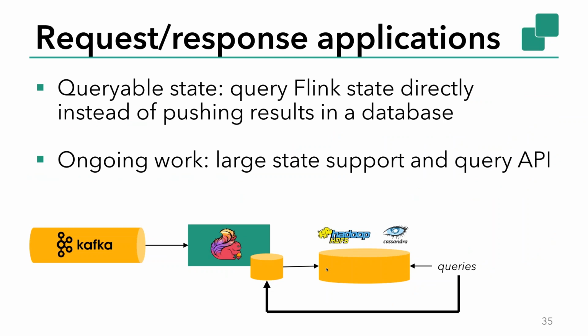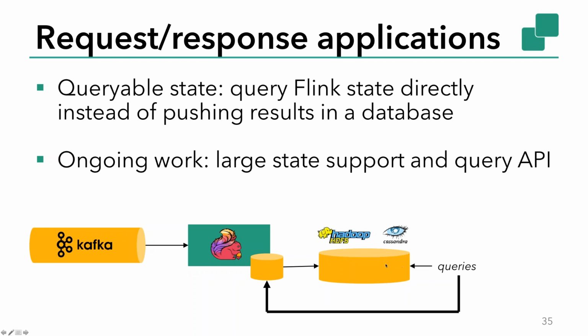The final kind of applications that I talked about was request-response applications. Here, a typical stream processing architecture has a message queue, let's say Kafka, and a stream processor that maintains the state, and that state is periodically pushed to a serving layer or a storage layer, let's say a database that is used to serve queries.